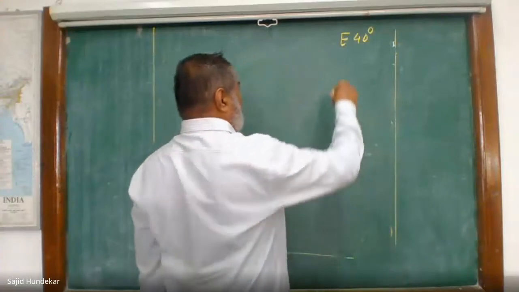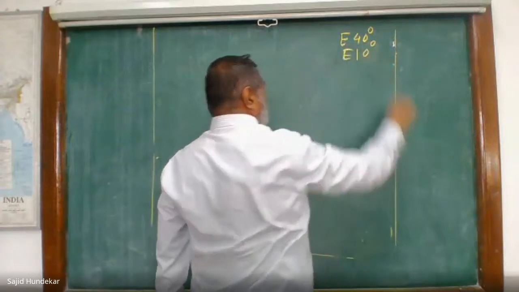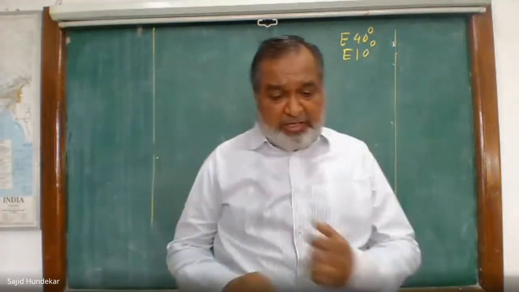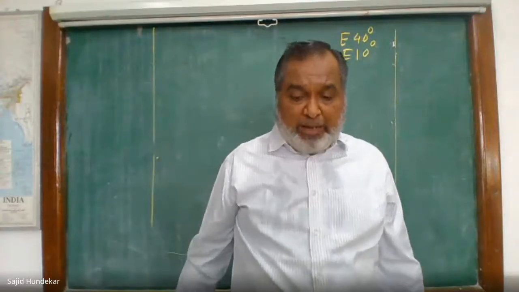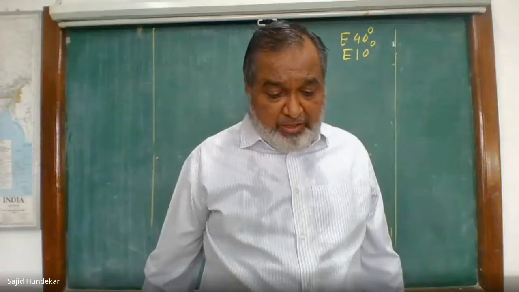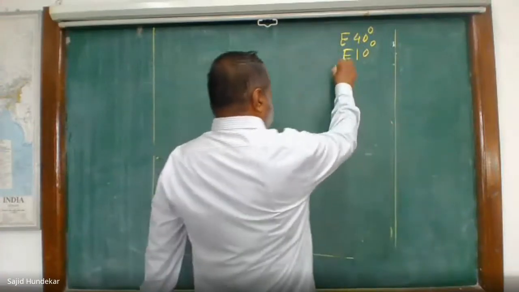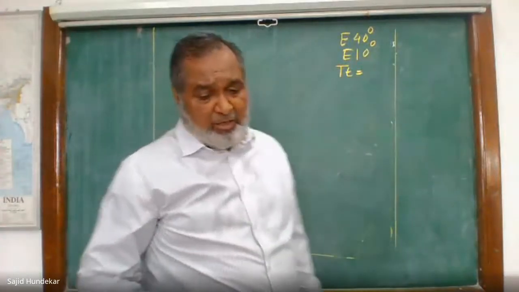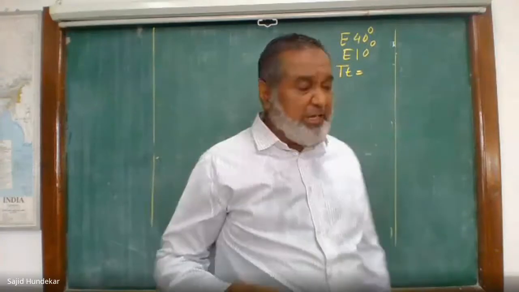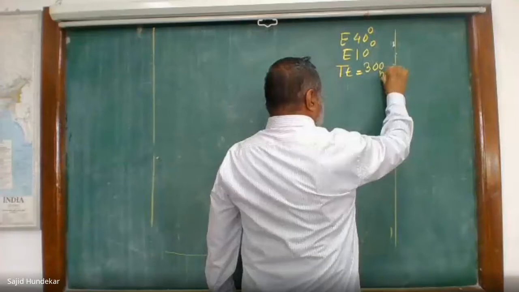So hill slope is given. It is again towards the east, that is 10 degree. It is exposed on the eastern slope with 10 degree slope angle. The third point, the true thickness of the bed is given, 300 meters.